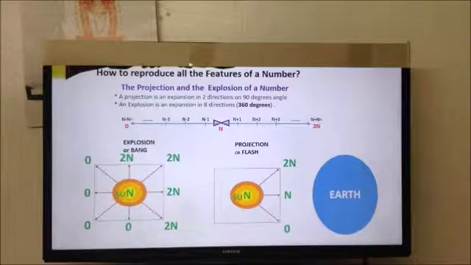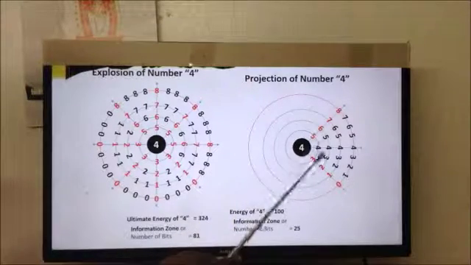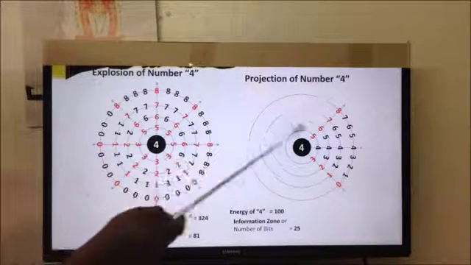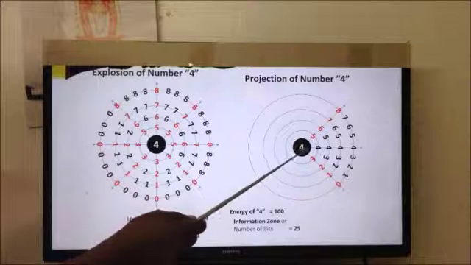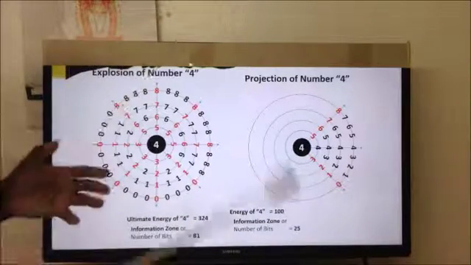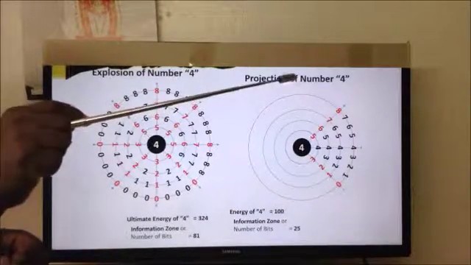You are going to see it here. Let's first see what the projection and the explosion are. Here on the right, you see the projection. Projection meaning we get number 4. We expand it. We flash it.